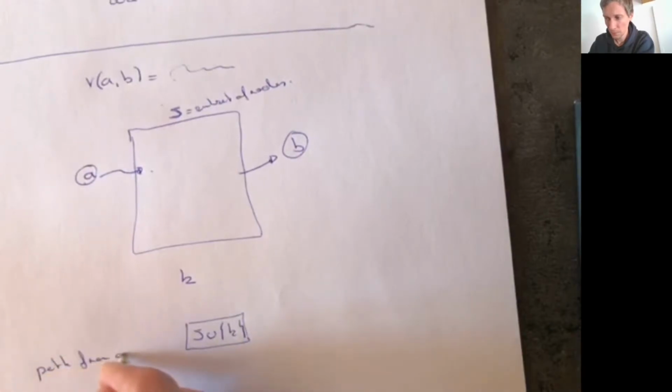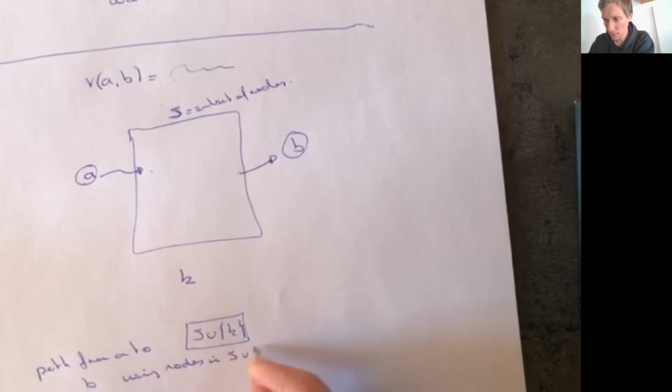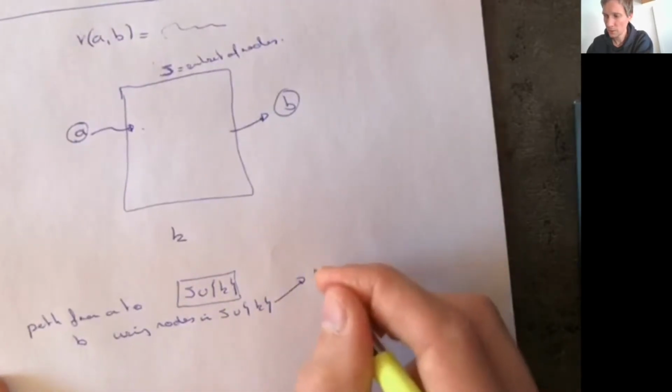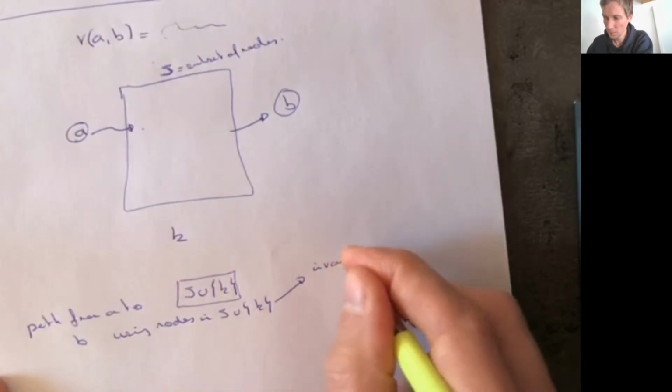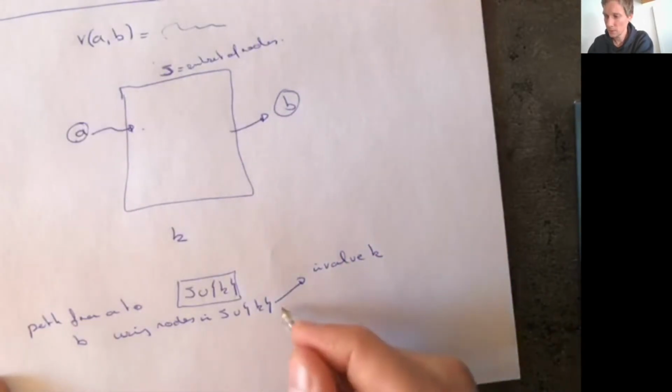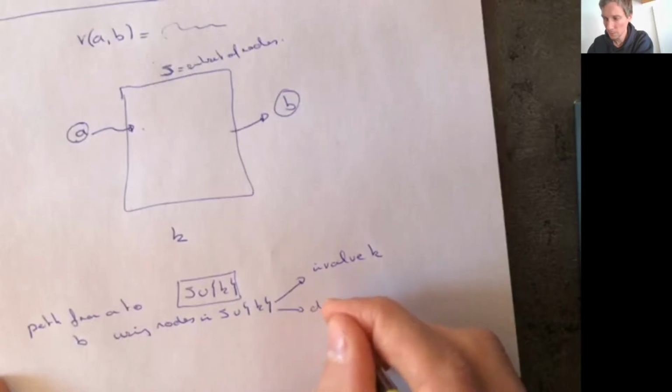So a path from A to B using nodes in S union K, there are two options: either it involves K, right? So K is on this path, right? Or it does not involve K.